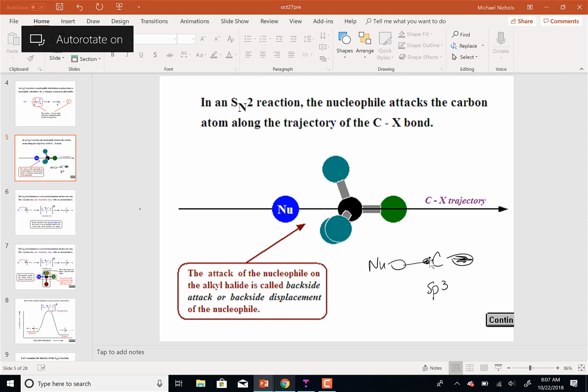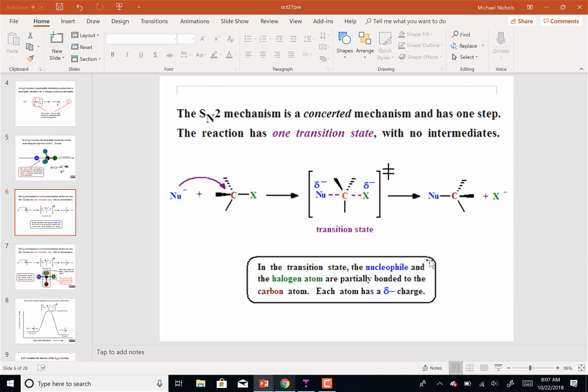So that's the reason why it has to be backside attack for this reaction. And then once we do that, we end up forming the trigonal bipyramidal transition state, which again we had talked about before.